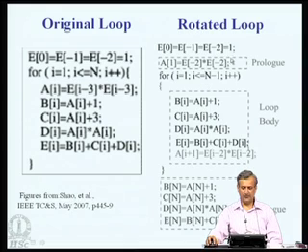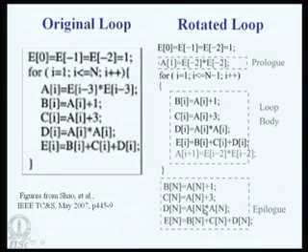And then there is a prologue of some size, and then there is an epilogue for the rest of the instructions in the last iteration. Because we have already executed one instruction in the last iteration, the rest of them have to be executed outside the loop. So, this is rotation of the loop by 1, because this instruction has come to the bottom like this. Suppose we rotate the loop twice, then this instruction will also go up. We start with this instruction, and B would actually be placed after A, and there would be an appropriate epilogue here. So, this is the rotation of a loop.